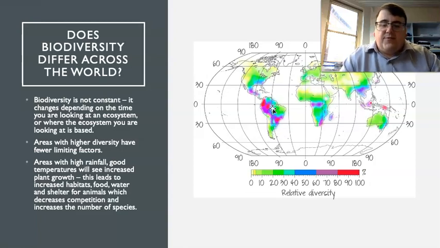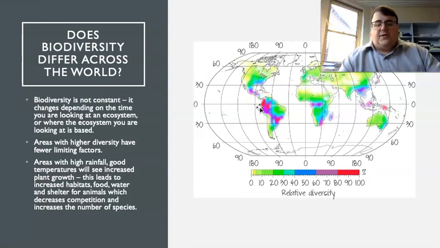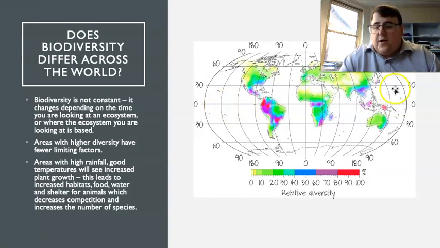More habitats means more food, more shelter, less competition, and an increased number of species that can survive. So anywhere with high rainfall and good temperatures, which leads to increased plant growth, has a higher level of biodiversity in general. That's why the equator has such high levels of biodiversity.